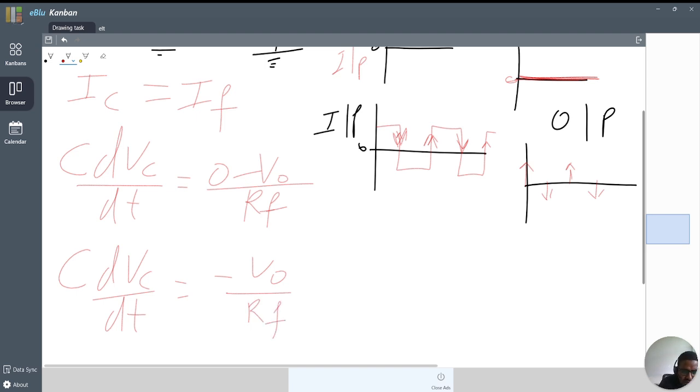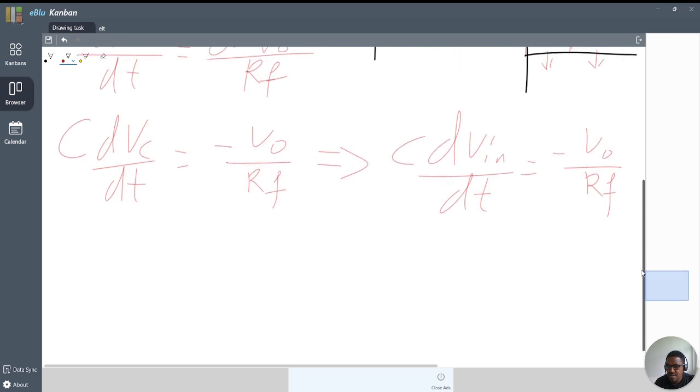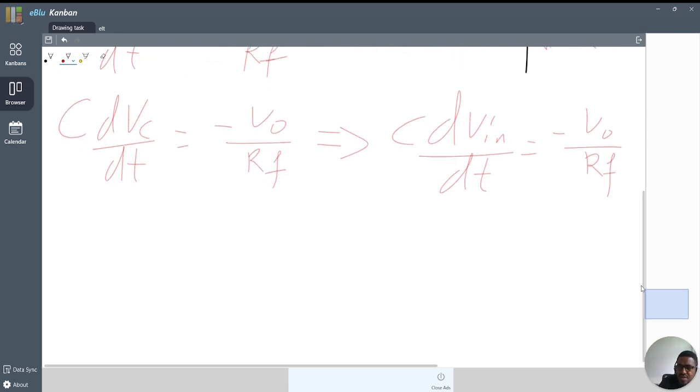From this, C of dV in over dt equals minus V out over RF. So to find V out, simplified, V out becomes minus RF times C times d V in over dt.